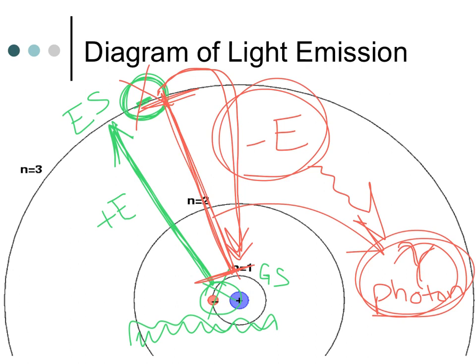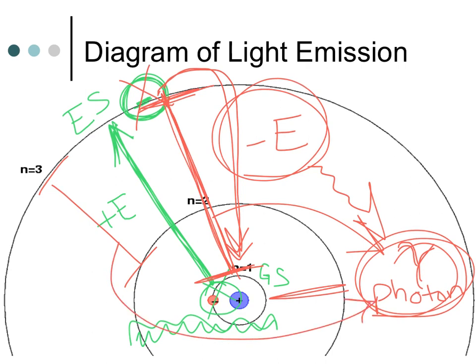If it's a huge transition, it's going to be something dangerous, like a gamma ray or an X-ray. If it's a very small transition, then it might be something more innocent, like maybe visible light or a sound wave. So the type of wavelength produced all has to do with the amount of energy. What was that vocabulary word for the amount of energy? The quantum. A quantum of energy, the amount of energy between the transitions, which in turn becomes the amount of energy the photon has.